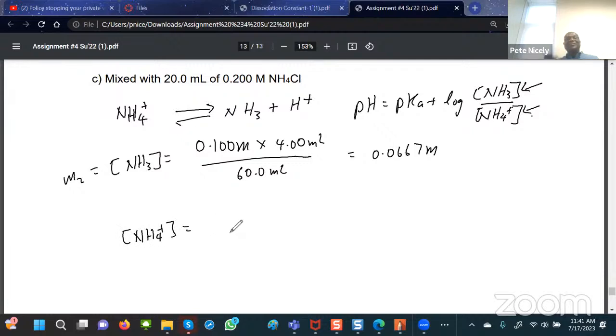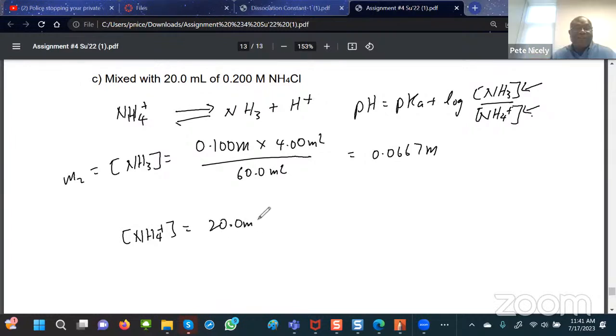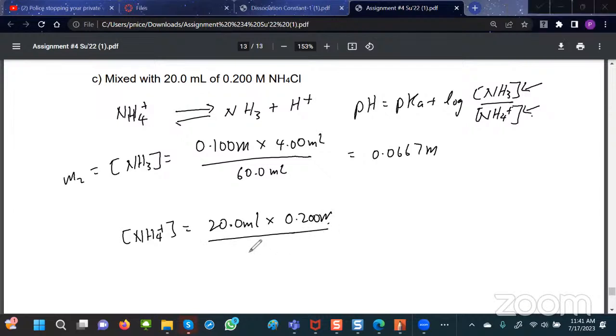Okay, what about the ammonium? How would you calculate the molarity of the ammonium after mixing? You would do something similar with 20 times 0.2. 20.0 mL times 0.200 M divided by 60.0 mL, exactly.